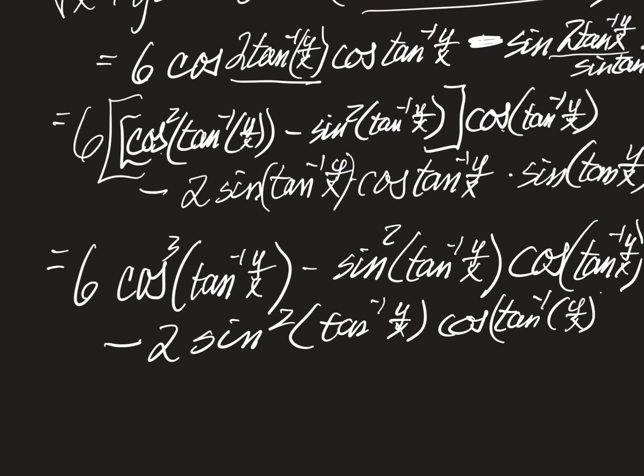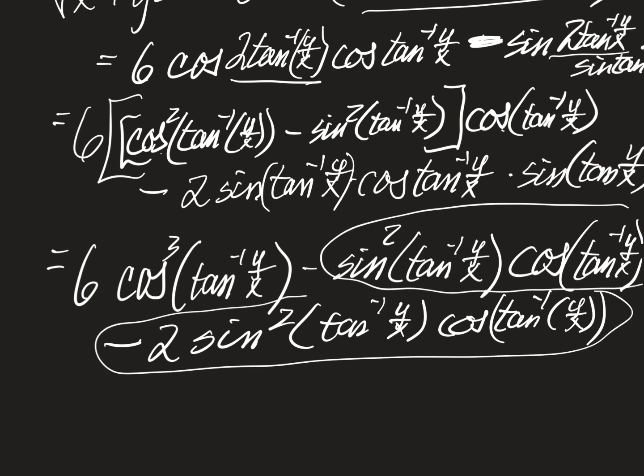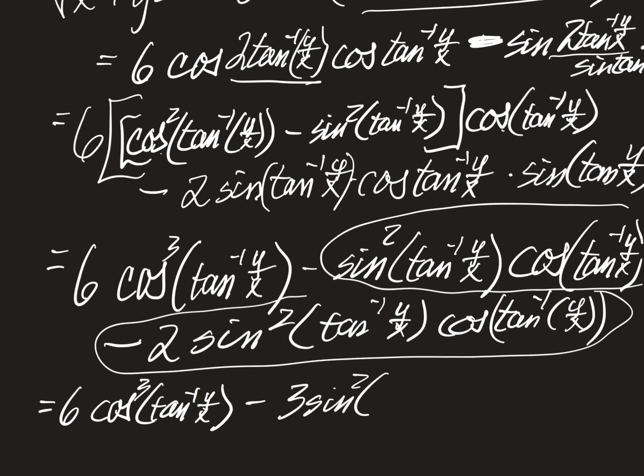And as you can see, even though this is really ugly, there are 2 like terms here. I got a minus 1 of this and a minus down here, and those combine to make it minus 3. So the problem actually simplifies to 2 cosine cubed inverse tangent of y over x minus 3 sine squared inverse tangent of y over x cosine of inverse tangent of y over x.